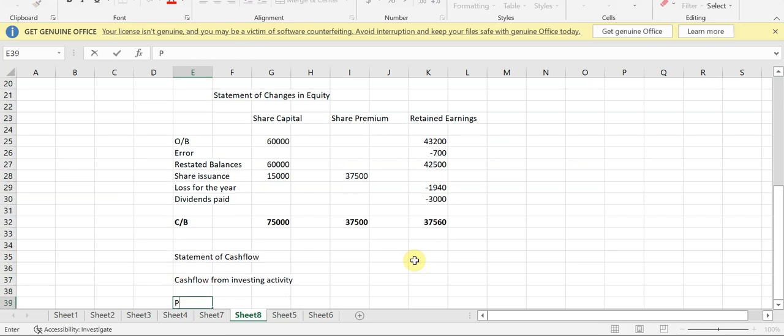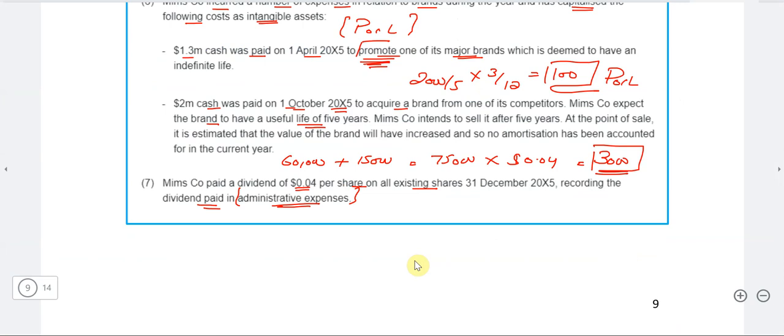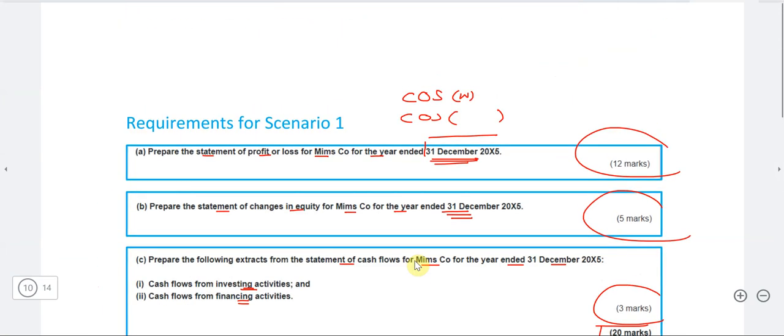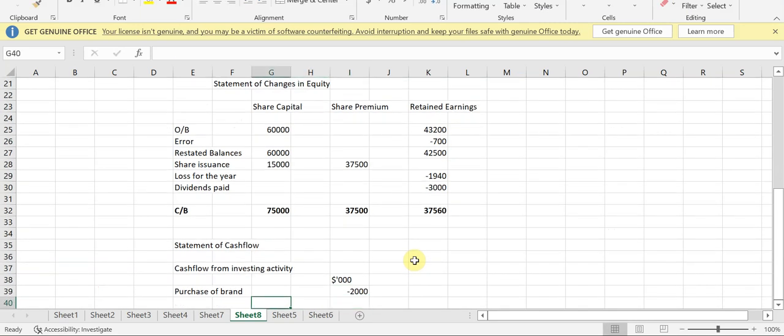Okay, first of all we know there was a purchase of brand. The purchase of brand was for how much it was? 2,000. So minus sign 2,000.